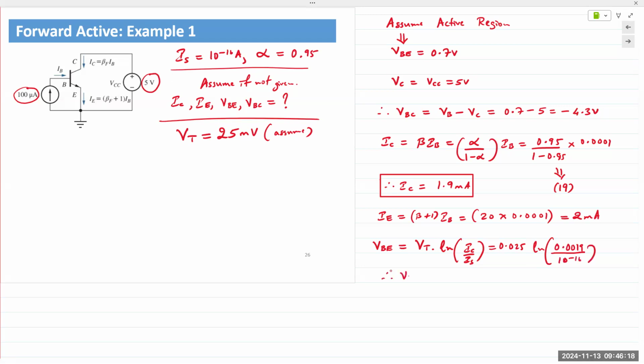This comes out very close to our assumption, 0.764 volts.